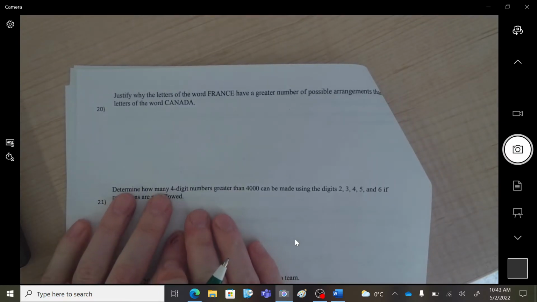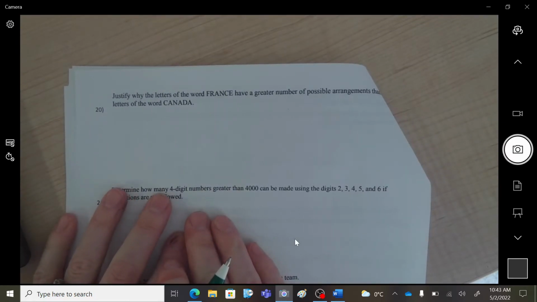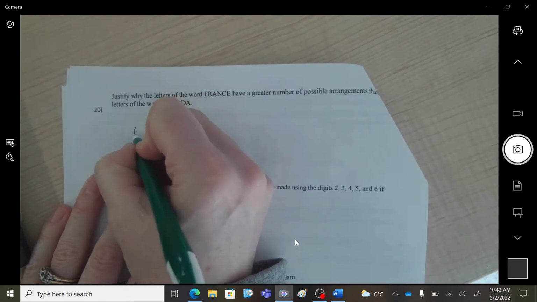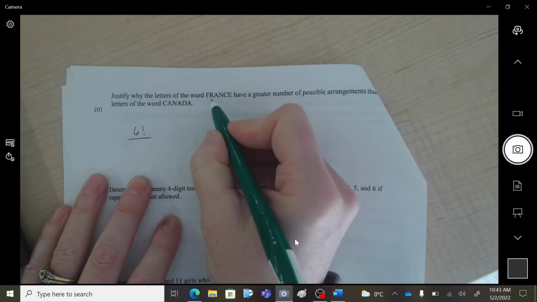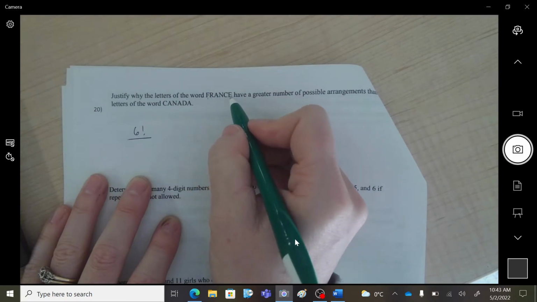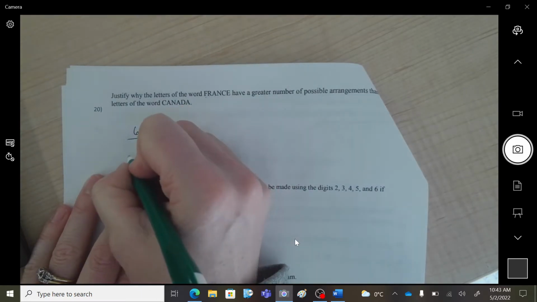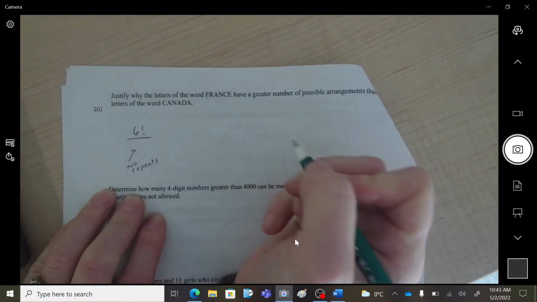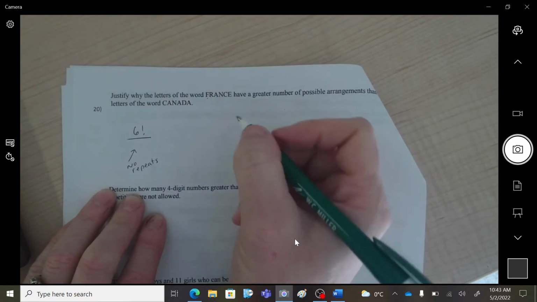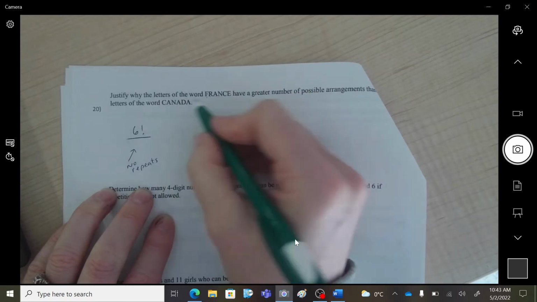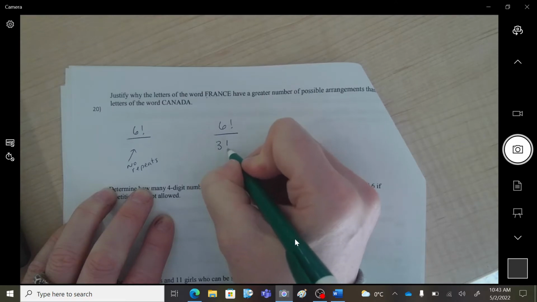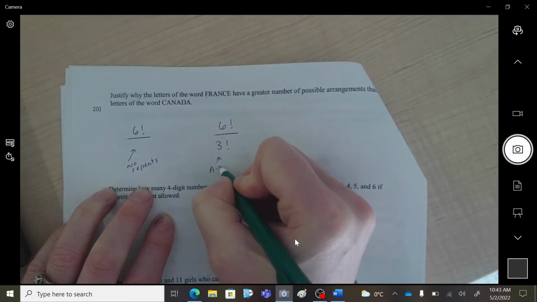20. Justify why the letters of France have a greater number of possible arrangements than Canada. So France has 1, 2, 3, 4, 5, 6 letters, and it doesn't have any repeats. So we don't have to divide it by anything. And Canada has 6 letters, and then it has 3 A's.